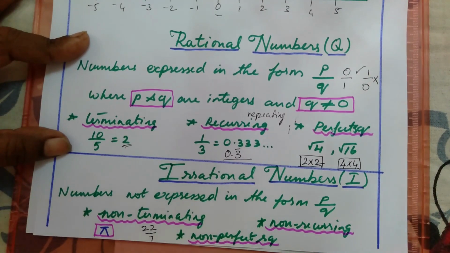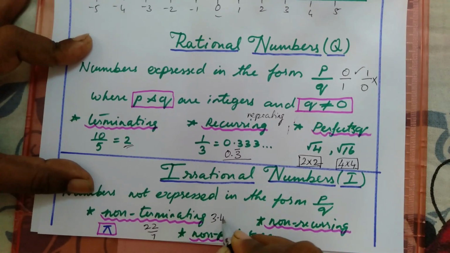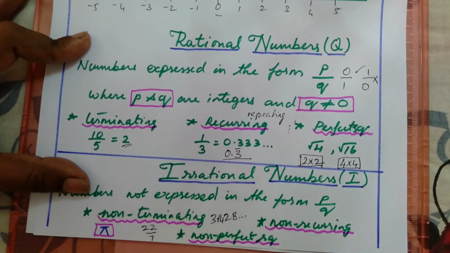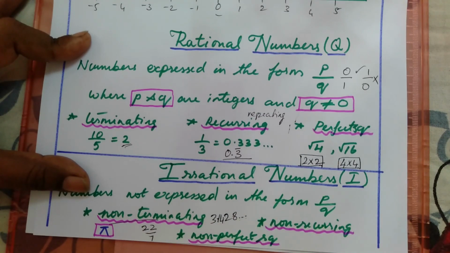Now if you divide 22 by 7, then you get an answer like 3.142857, and then it goes on and on. Now these 3 dots mean that they are not terminating. Okay, and there is no bar on the top, so this means that they are non-recurring.